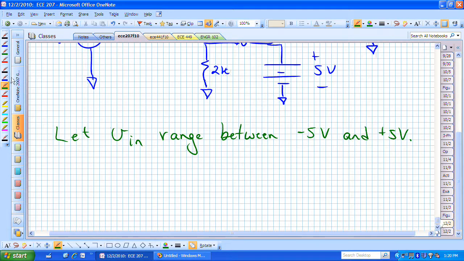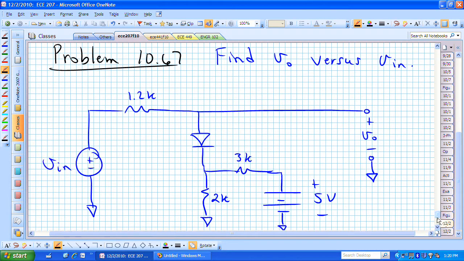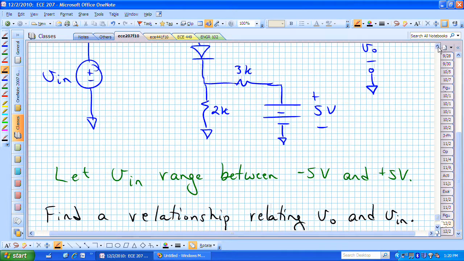And what we're wanting to do is find a relationship relating the output voltage VO and the input voltage VIN in this particular circuit.